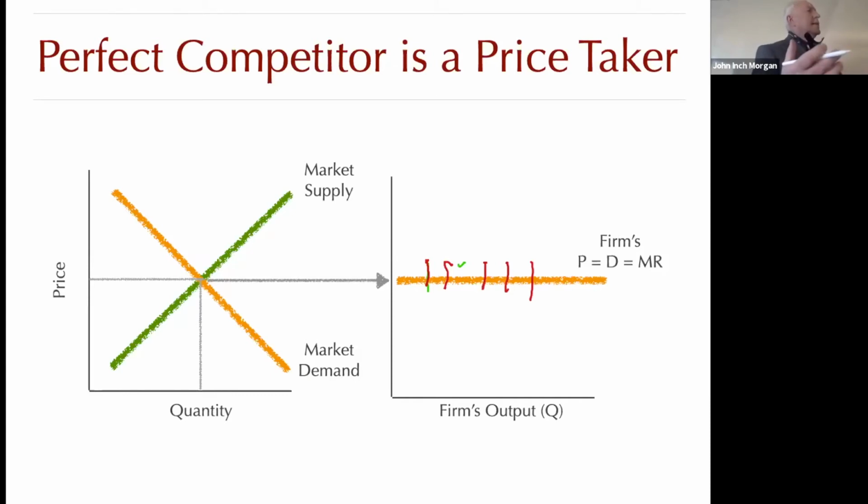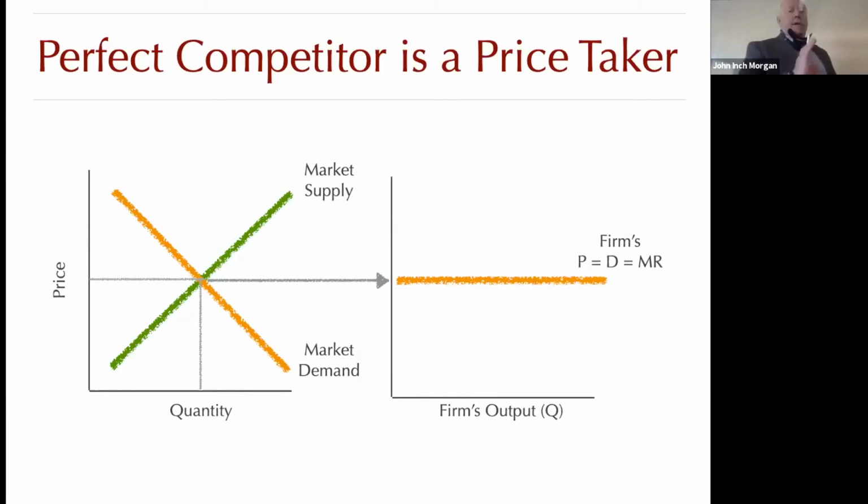So if I'm selling these things for $10, the next item that I sell is going to add $10. And I sell the third one, that's going to add another $10, and the fourth one, another $10. So as we look at the marginal revenue being equal to the demand being equal to the price, that is going to be the characteristic of a perfectly competitive firm.